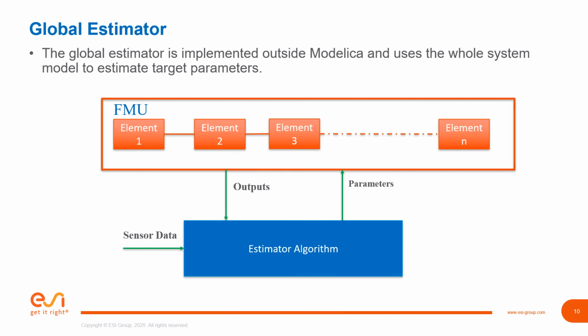The FMU file, as you know, we can use with Python. The output of the global estimator is parameters. So the estimator tunes the parameters to make the error, or the difference between the sensor data and the outputs, very small.